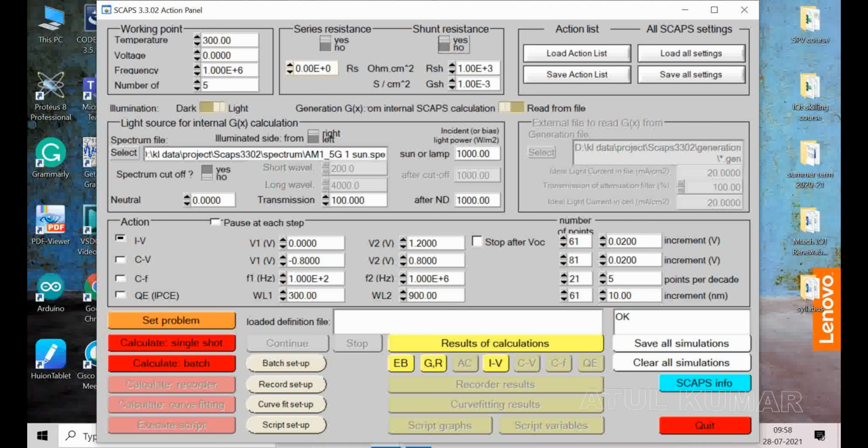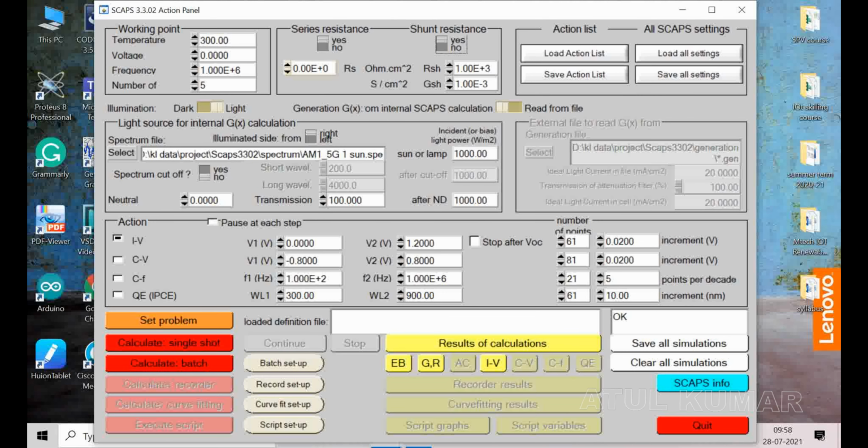Similarly you can do these things in your AC analysis, when you do your CV curve, CF curve, those analyses, and then one can get a good publication over it. So it depends upon the application only.